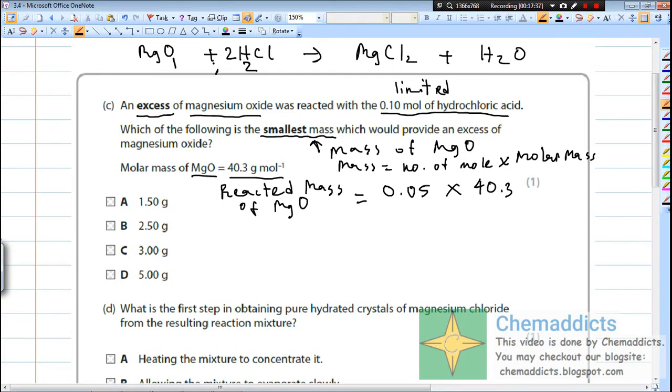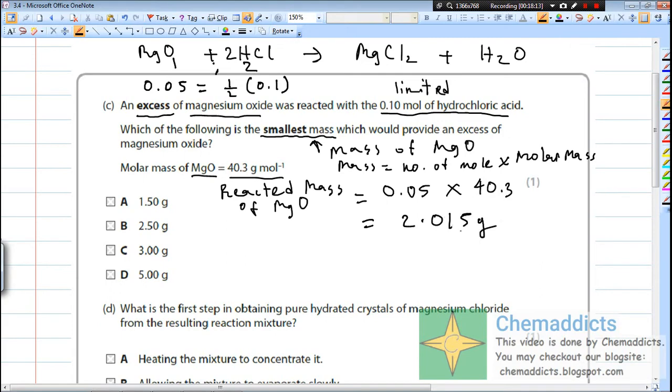Since the number of moles of hydrochloric acid is 0.1, the number of moles of magnesium oxide is expected to be 0.05 moles. It will become half. This is equal to half of the number of moles of hydrochloric acid. So this is how we find the number of moles of magnesium oxide.